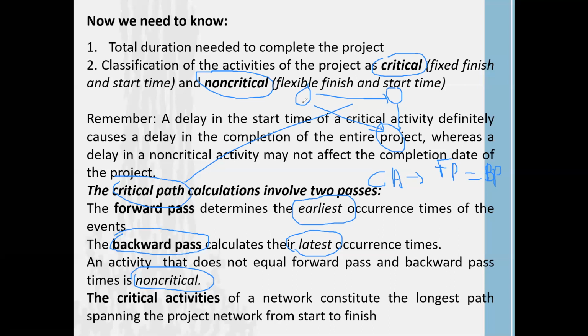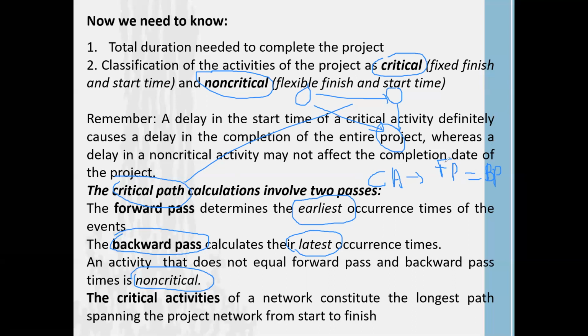Now, to answer those 2 questions, first of all we need to find 2 kinds of activities in our project. One we call critical activities, and the other we call non-critical activities. To find out whether activities are critical or not, we have to make 2 calculations. One is the calculation of forward pass, and the other is the calculation of backward pass. If an activity has forward pass equal to backward pass, we identify it as a critical activity.